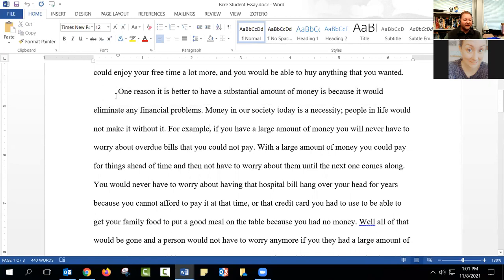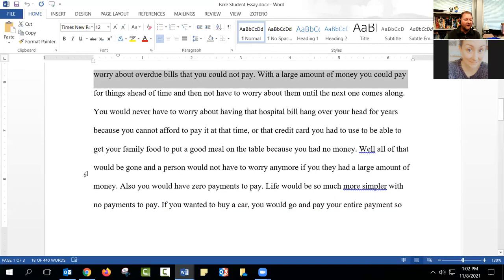One reason it is better to have a substantial amount of money is because it would eliminate any financial problems. Money in our society today is a necessity. People in life would not make it without it. For example, if you have a large amount of money, you'll never have to worry about overdue bills that you could not pay. With a large amount of money, you could pay for things ahead of time and then not have to worry about them until the next one comes along. You would never have to worry about having that hospital bill hang over your head for years because you cannot afford to pay it at that time, or that credit card you had to use to be able to get your family food to put a good meal on the table because you had no money.